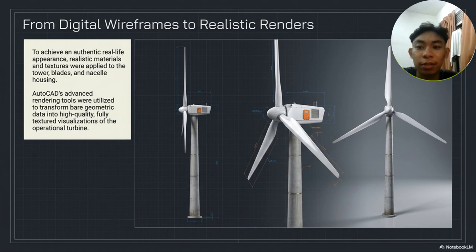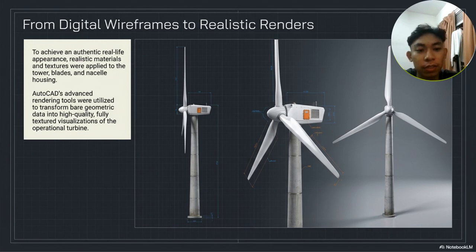From this slide, from digital wireframes to realistic rendering. After completing the 3D model, we decided to do realistic renderings. Material and texture were applied to the tower, blades, and nacelle housing to simulate a real wind turbine.